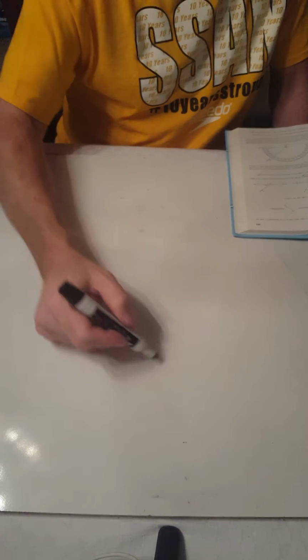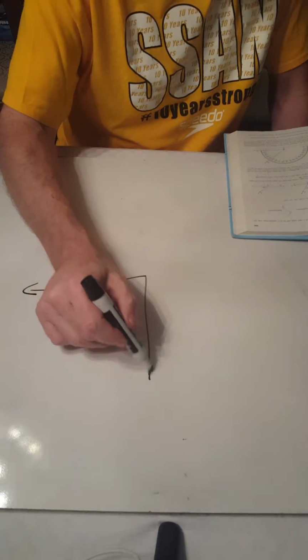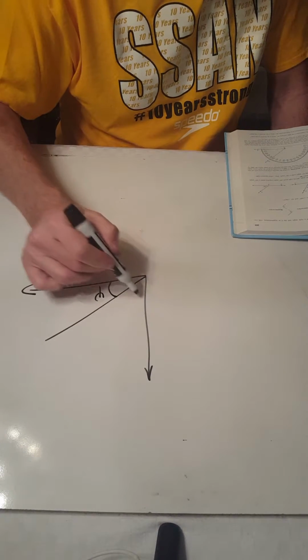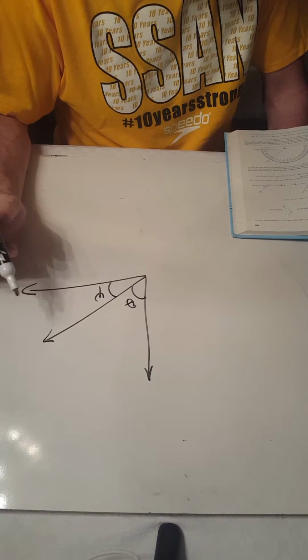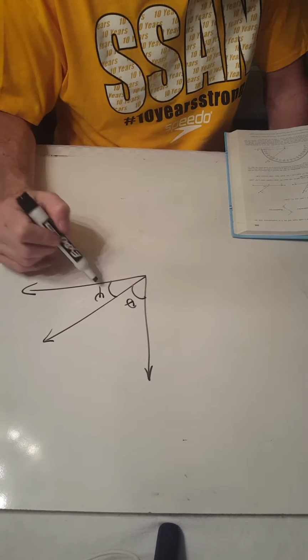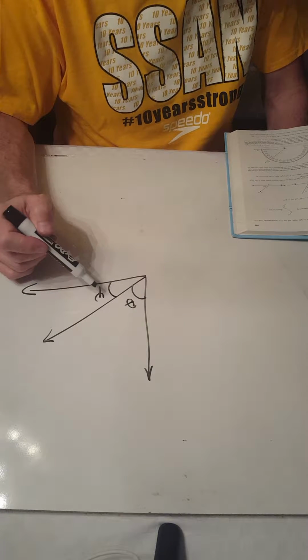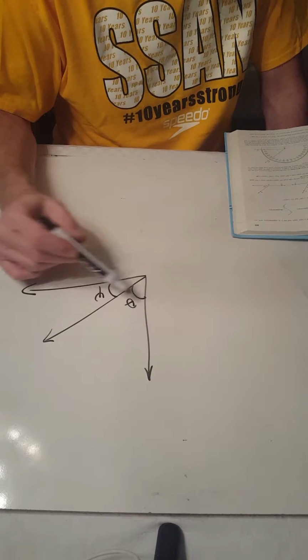now that we've talked about adjacent angles, if you have two adjacent angles that add up to 90 degrees, so let's say this is phi and this is theta, then theta is said to be complementary to phi, or they are said to be complementary angles, or phi is said to be complementary to theta.